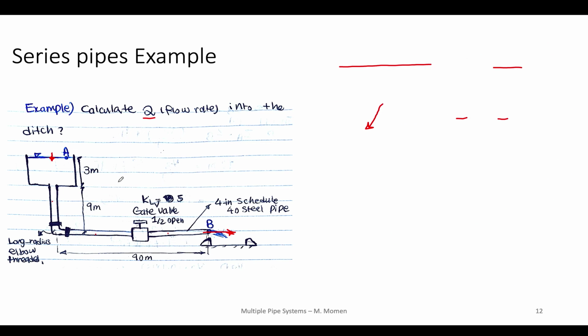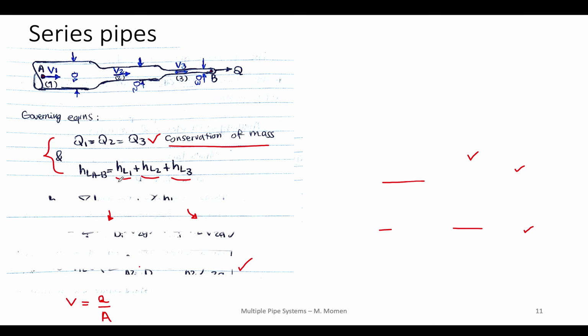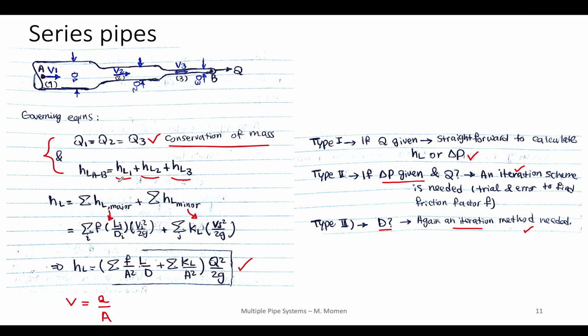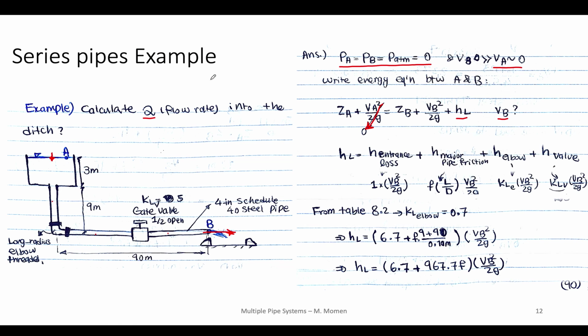As you remember, in a series pipe system, the total head loss from point A to B is the sum of all the head losses in each pipe. And that is what I am doing here. I just sum all the head losses in the system because I have a series pipe system.